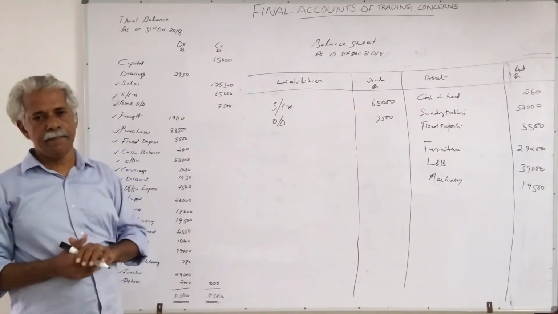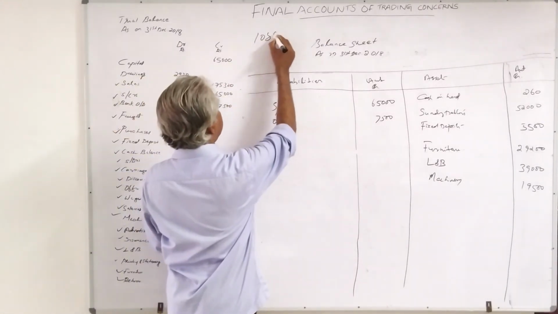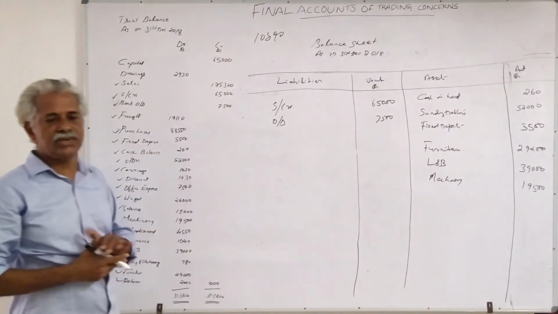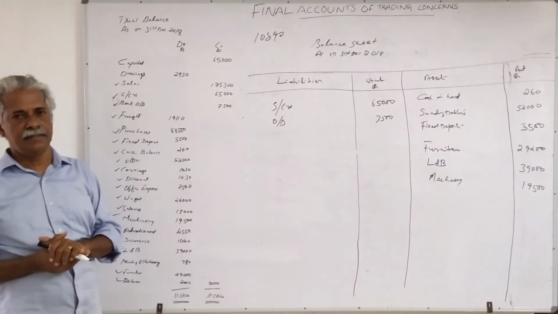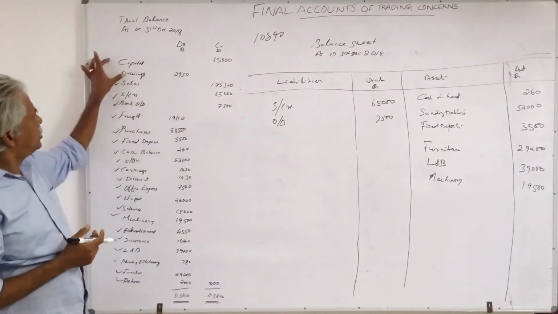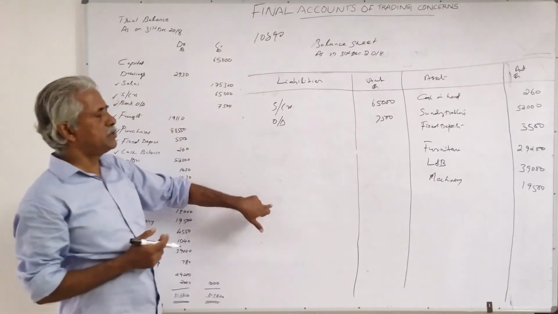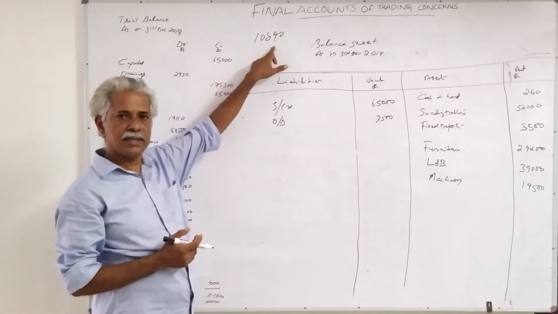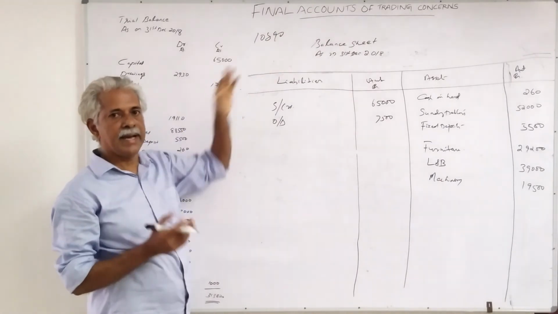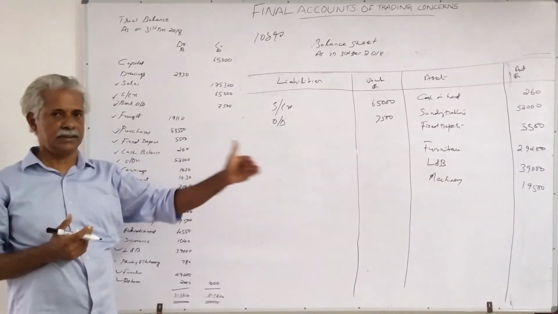Simultaneously, there was a profit of rupees 10,890 in the business organization. That belongs to the trader. Therefore, in addition to the capital balance of 65,000, the business unit is bound to pay rupees 10,890 to the trader. Hence, to that much extent, the capital balance should increase.